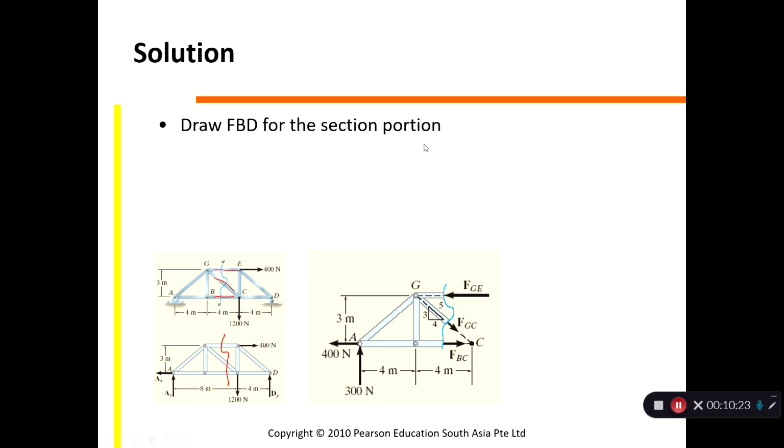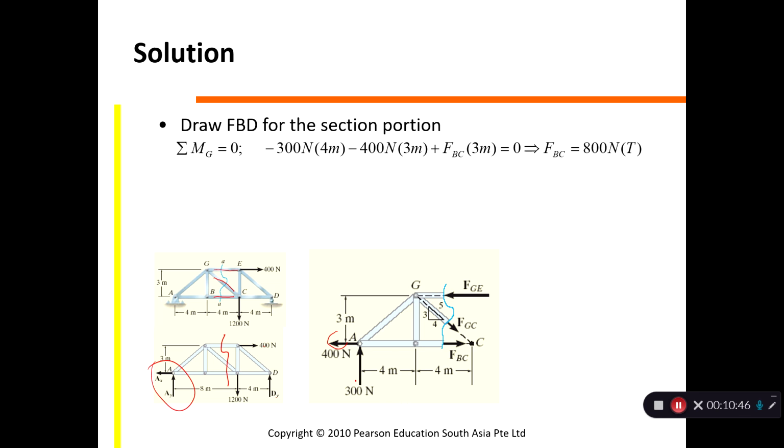So draw the FBD for the section portion, only the left part. And these directions need to be assumed as well. So let's just do a quick analysis. We have only AX and AY, right? Originally, only these two. So what will be the direction to balance?